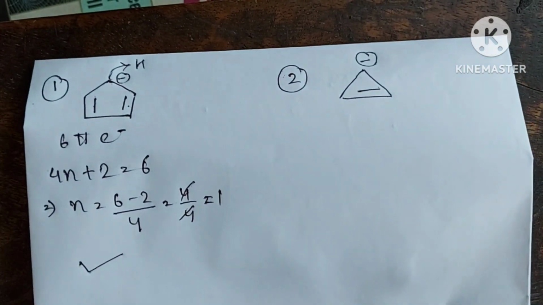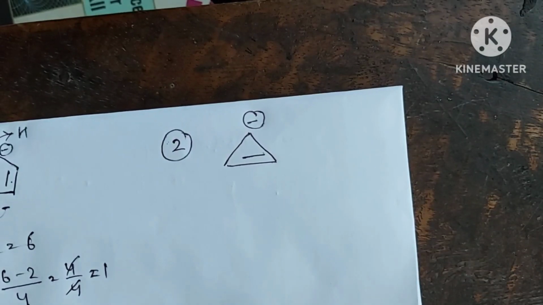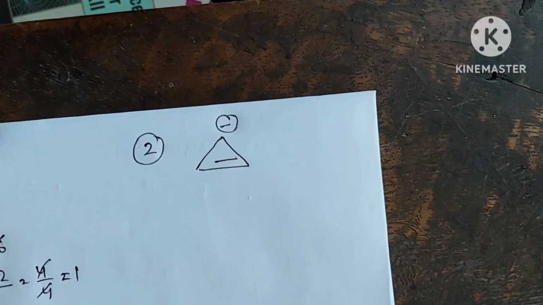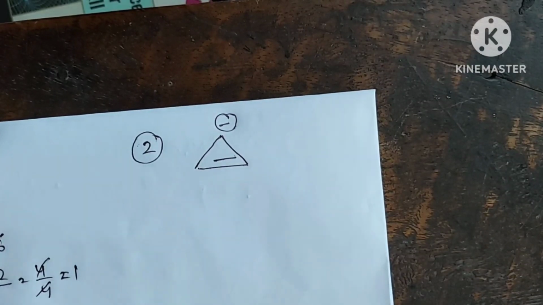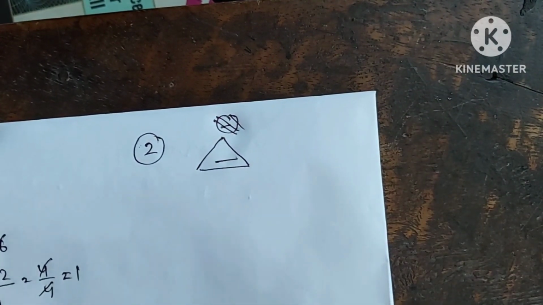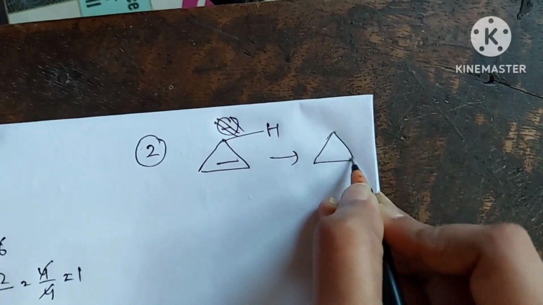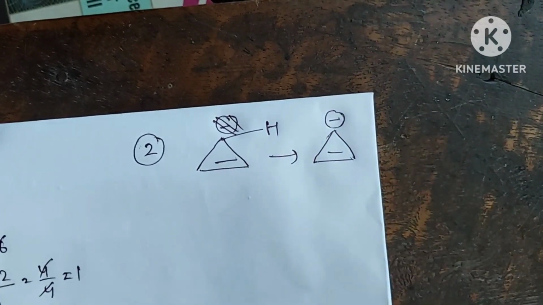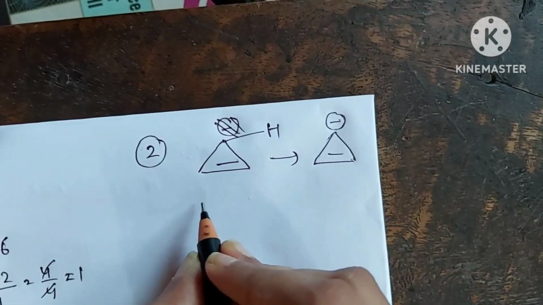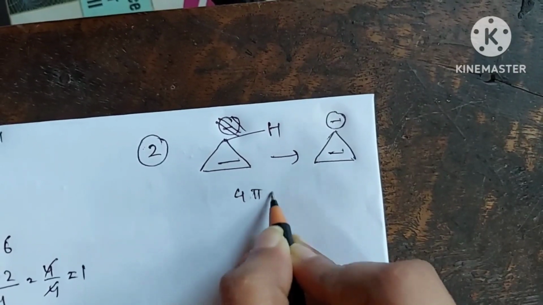Now see question number 2. I have made a mistake here, the minus sign is not there. So after removing hydrogen, it will become like this. Here conjugation is there. How many pi electrons are there? 1 2 3 4. 4 pi electrons.